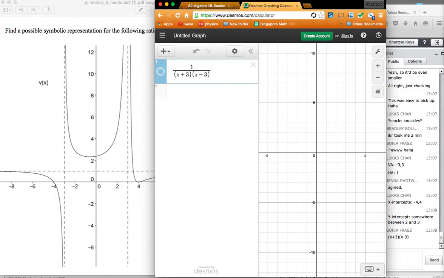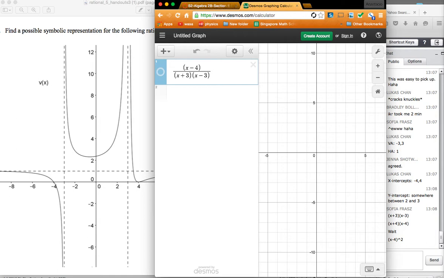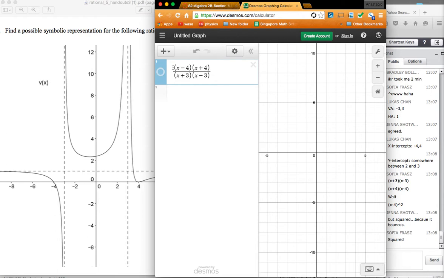All right. Let's talk about this one now. In the numerator, what am I going to have? I'm going to have an x minus 4 and x plus 4. Yes. Okay. Wait a second. You're saying you want me to put a square over here?